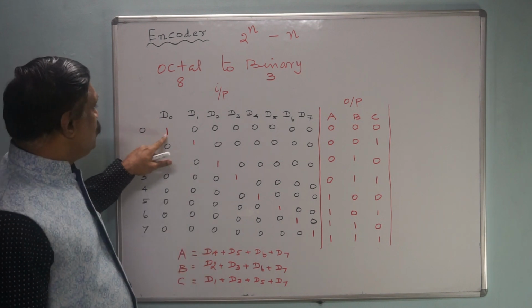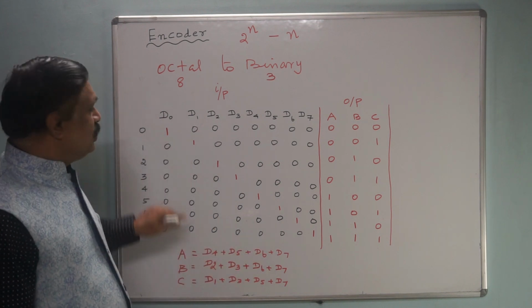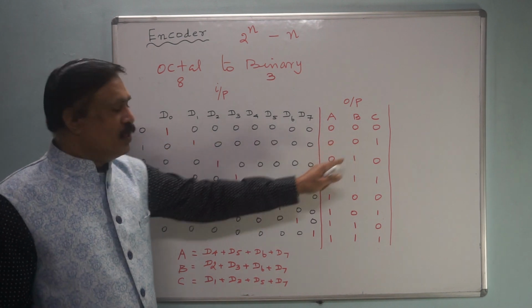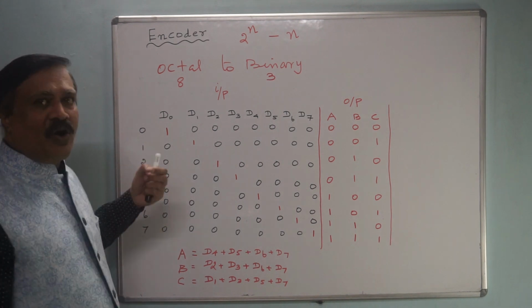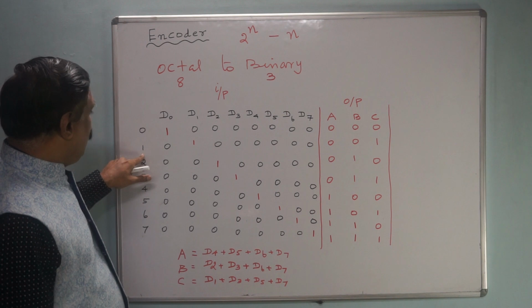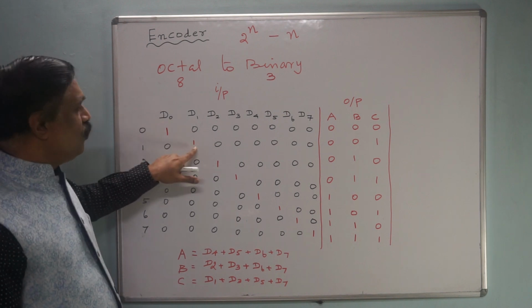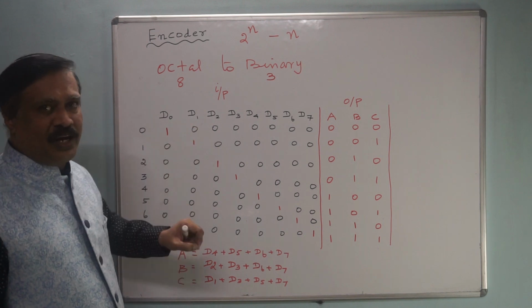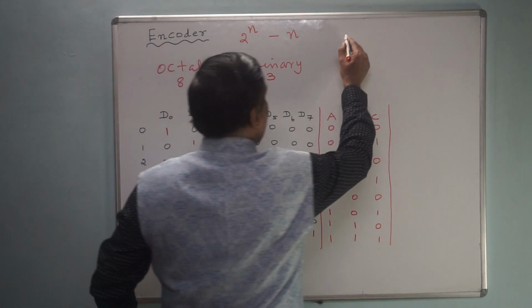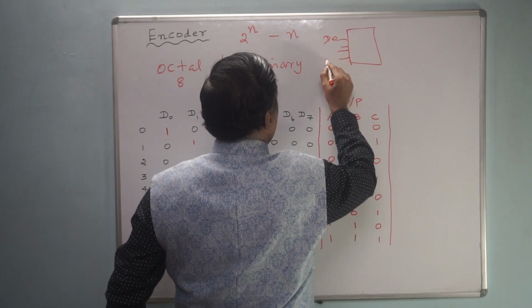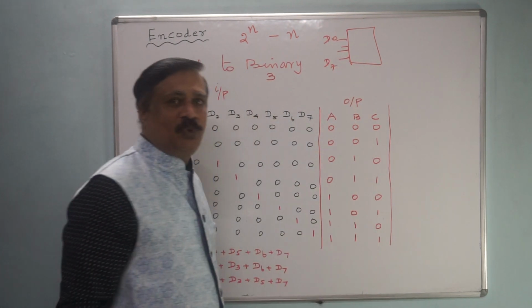That means out of these 8, this will be 1 and all other inputs are 0. And for octal 1, we can say octal only because it is octal to binary, D1 will be activated. That means D1 input is high. Total D0 to D7 inputs are there.